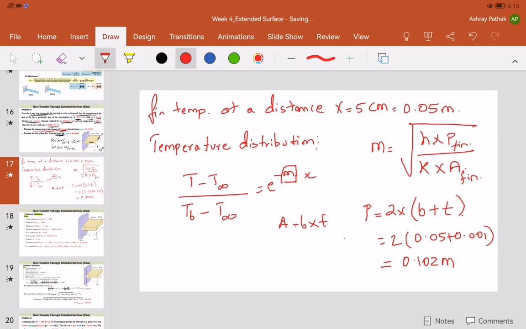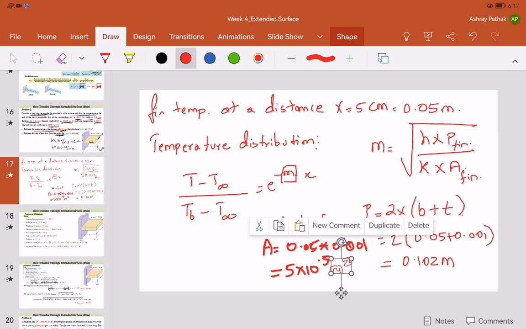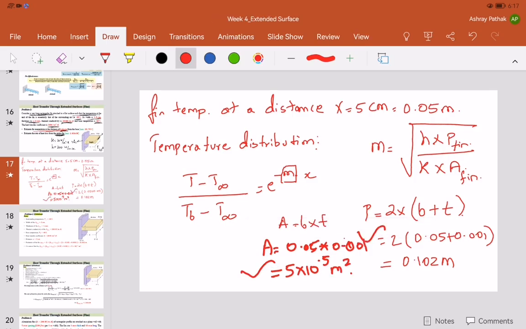Let me write it clearly. The area is equal to 0.05 times 0.001, which gives the area of the fin as about 5 into 10 power minus 5 meter square. So I know the area and I know the perimeter.